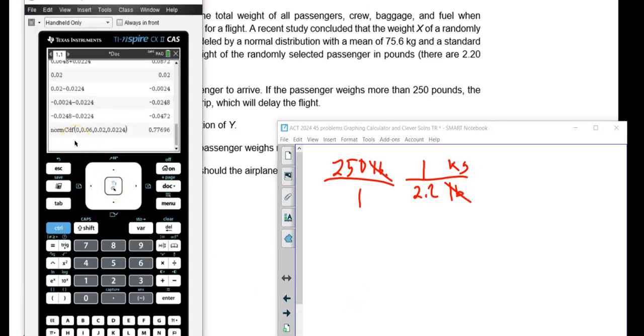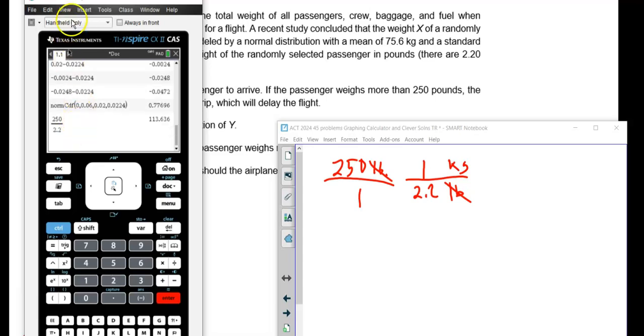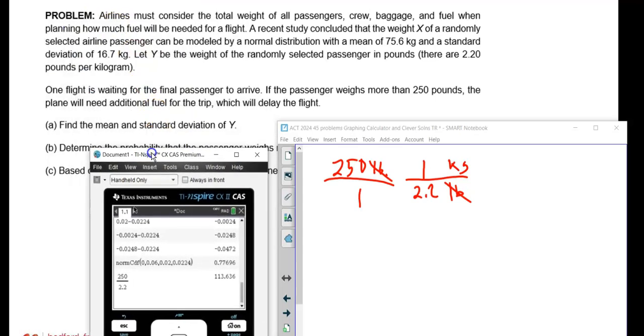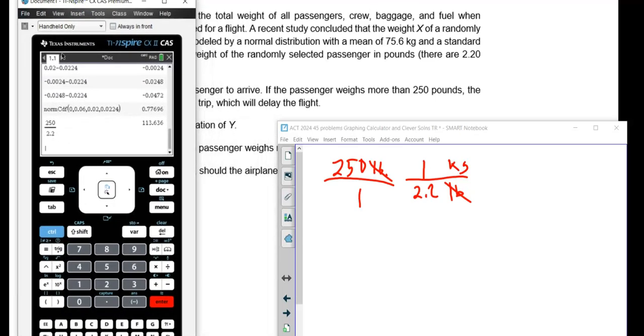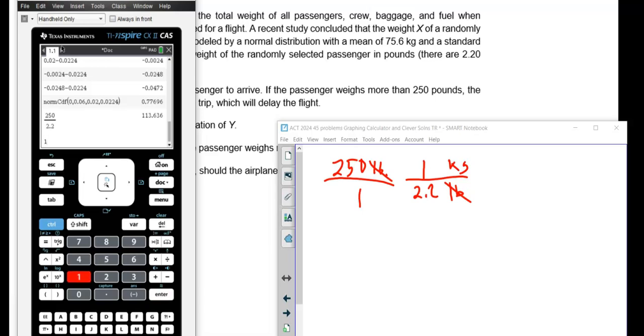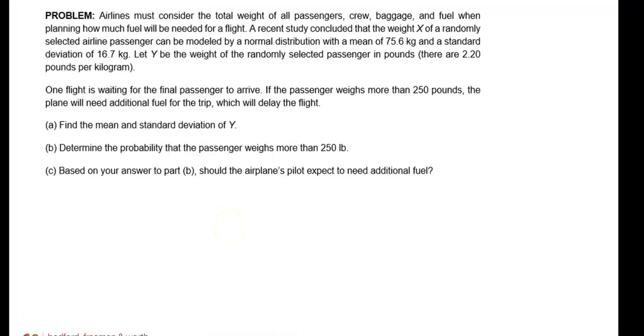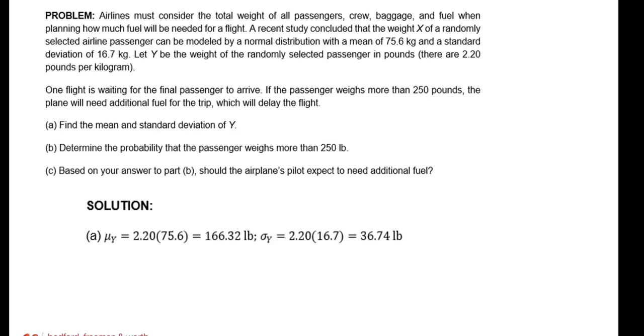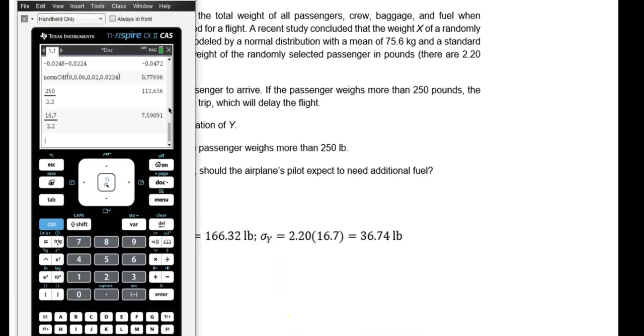So we get 250 divided by 2.2. And so to convert, when we divide, would that affect standard deviation? I think it would, right? So 16.7 divided by 2.2. Let's see if we're right here. So mean is 166.32.